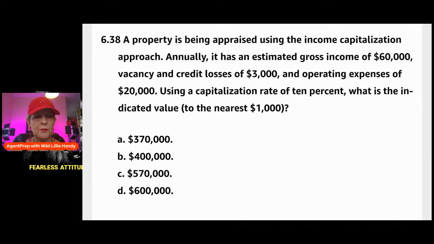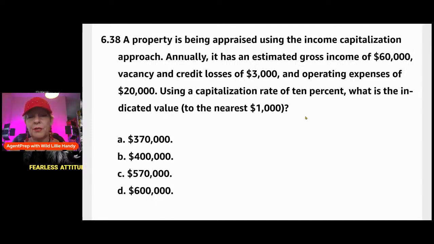All right, number 38, a math problem. Okay, here we go. A property is being appraised using the income capitalization approach. Annually, it has estimated gross income of $60,000, vacancy and credit losses of $3,000, and operating expenses of $20,000. Using a capitalization rate of 10%, what is the indicated value?